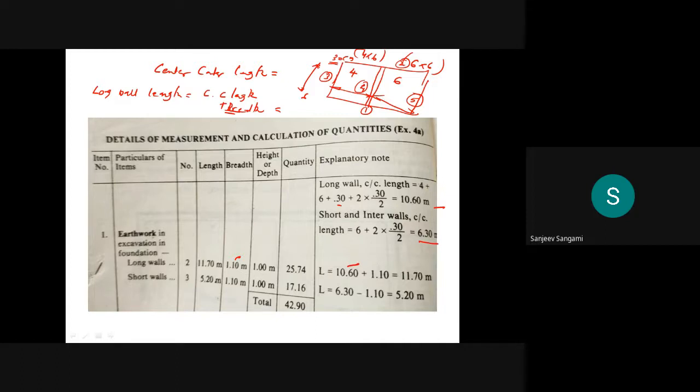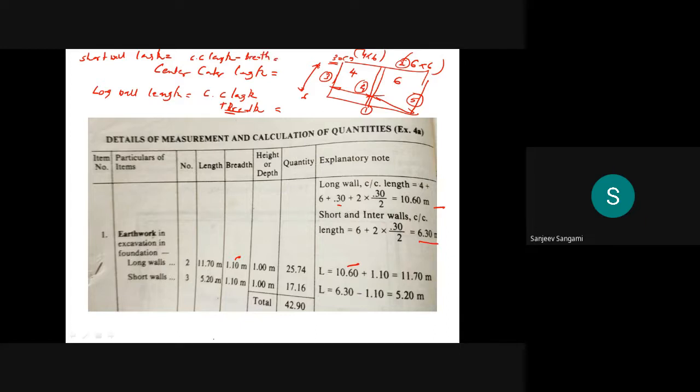Then whenever you are calculating the short wall length, it will be the CC length minus one breadth, that you have to do.